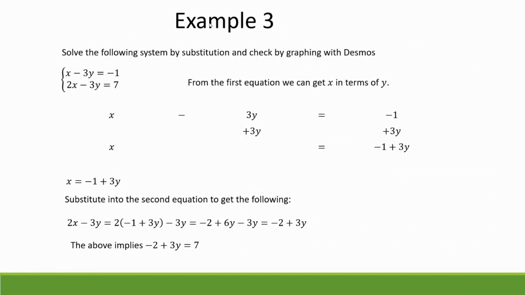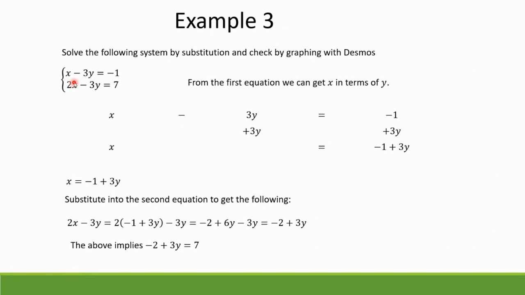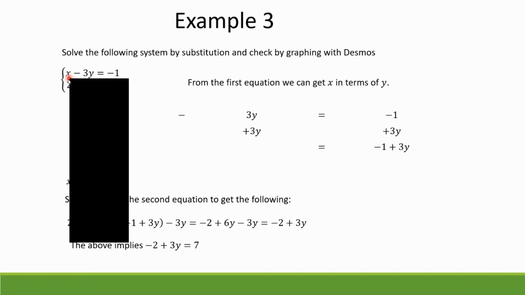All right, so here's another example we can solve by substitution. So now again, from the first equation, notice this is a little bit different. And why is that? Well, because I'm not getting y in terms of x. Mostly because the coefficient of y is 3, but the coefficient of x is 1.